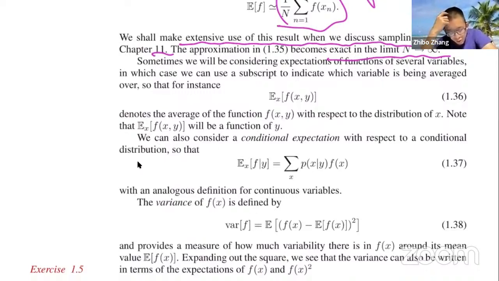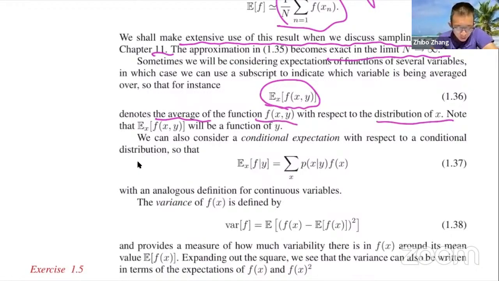For instance, if it's a joint probability density between x and y, and we just want to average over x, then we denote it using a subscript. This denotes the average of the function with respect to the distribution of x. Note that this term will be a function of y.